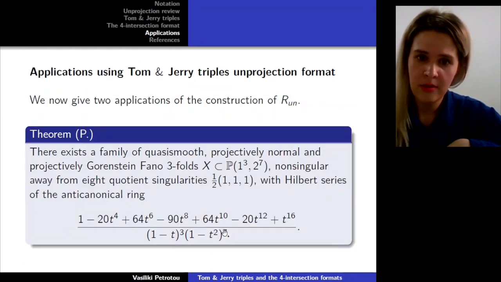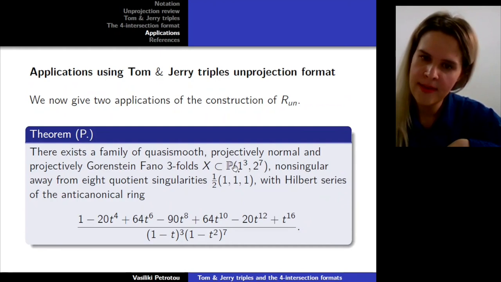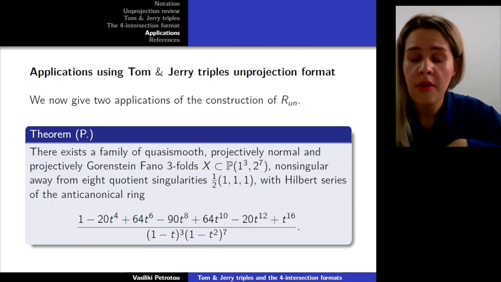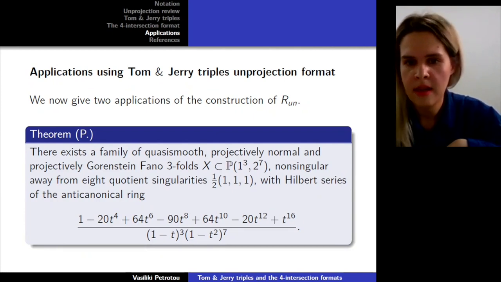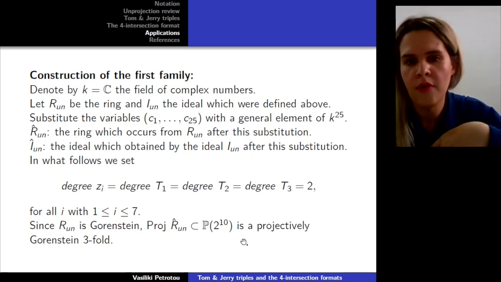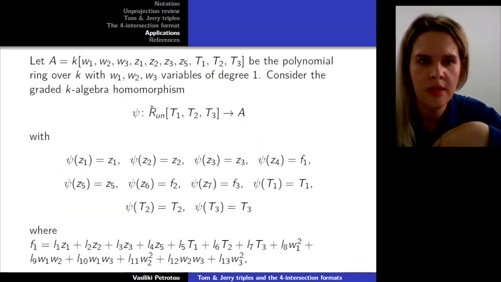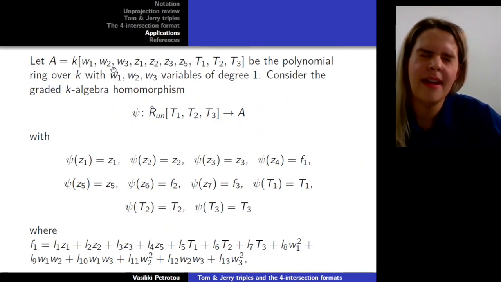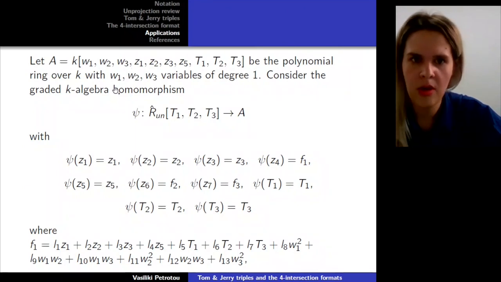But according to the theorem, we want an object which lives in this weighted projective space. We don't have the right object. We need three more variables of degree 1, and we have three more variables of degree 2 that we don't need. So we denoted by W1 up to W3 three new variables of degree 1.